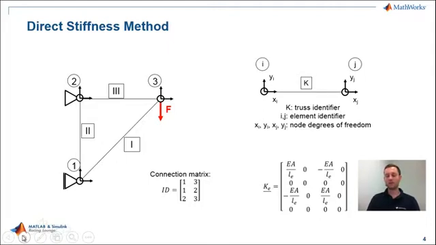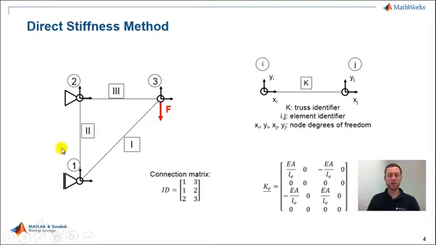Another piece of information that is very important, and I've given it the name connection matrix or ID matrix. It's a 2-column matrix with some numbers in it, but it's quite easy. You can just read it as the first line in that matrix is representing the first truss element. And which nodes are attached to the first truss element?